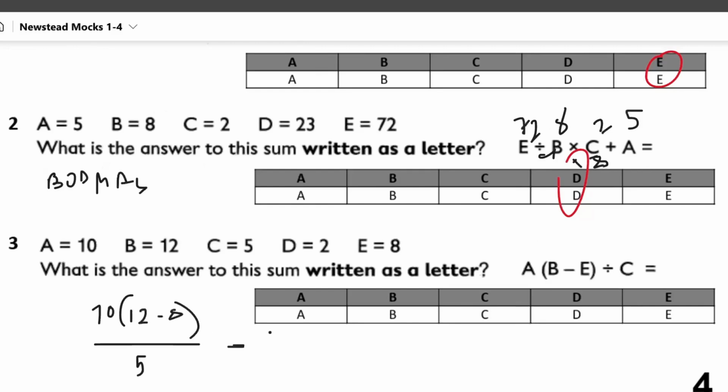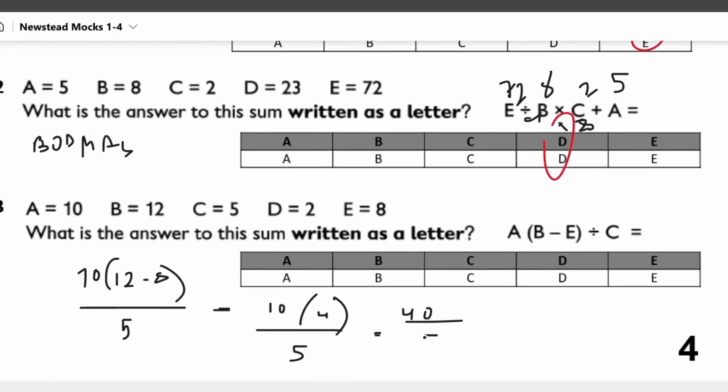So we do brackets first, which is going to be 10 times 4, and we have to deal with the brackets. This 10 is to do with the brackets. Therefore, we have to deal with that. We get 40, and just so you can see there, over 5, which is equal to 8. Therefore, which one is 8? We get E.